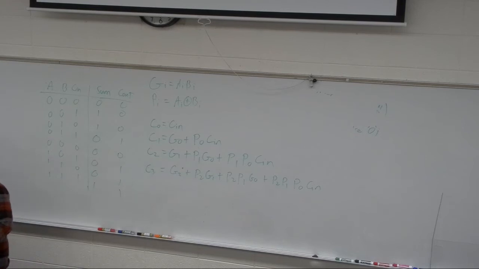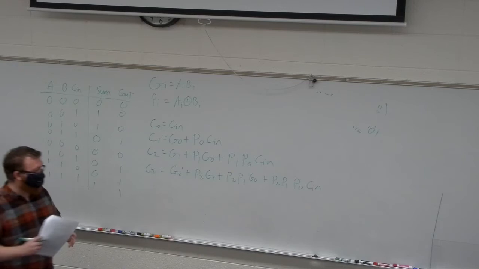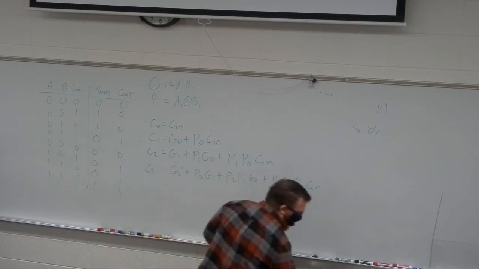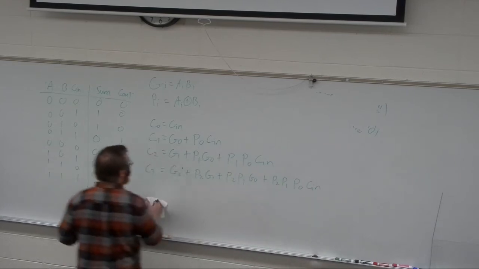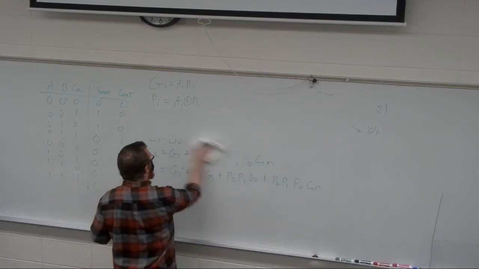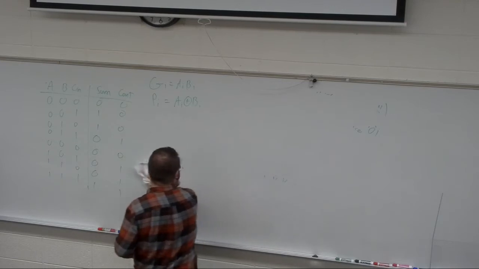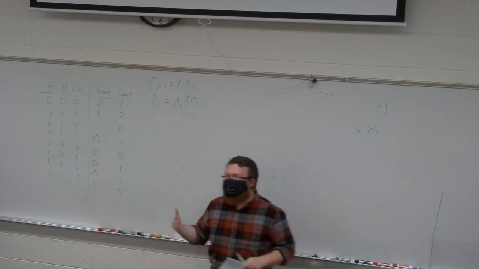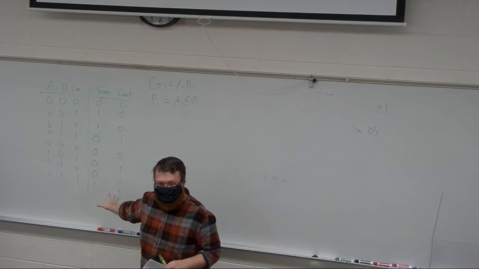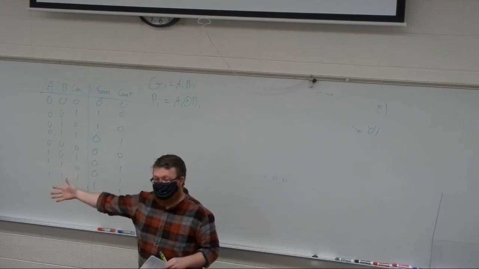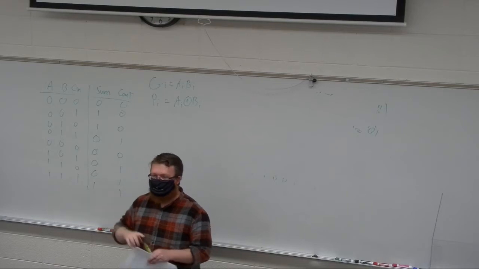Once I know what my carries are going to be, I can calculate the sum. So this fast carry adder uses that logic to generate look-ahead carries to quickly calculate it.